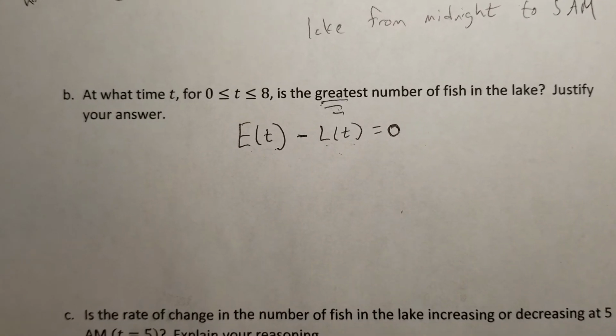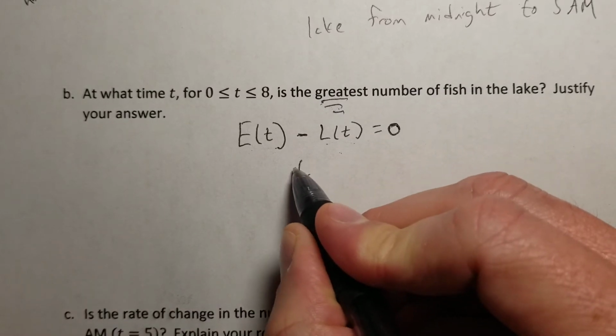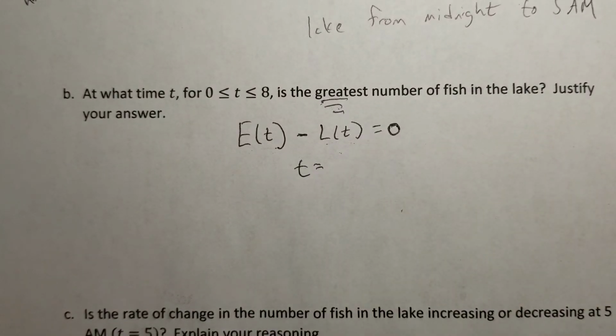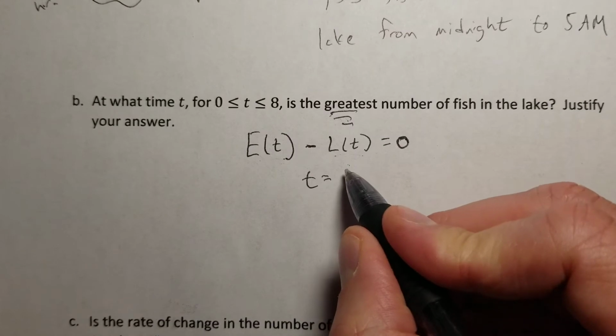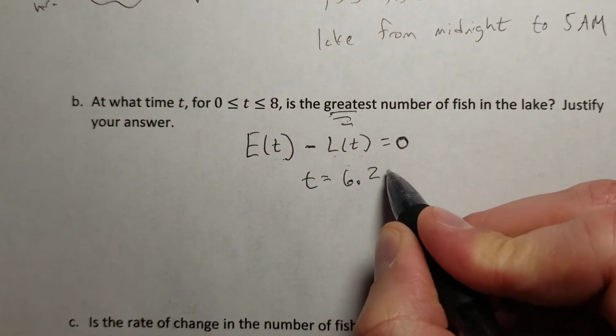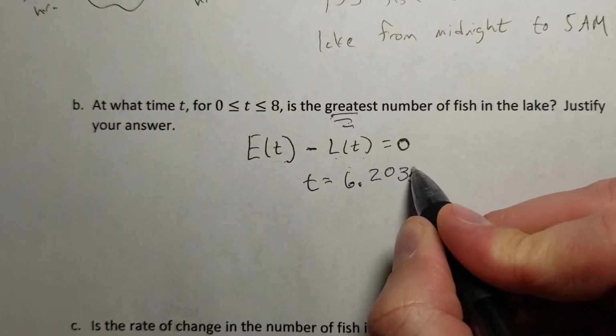This is, again, an opportunity for you to get into your calculator and do E of t minus L of t and set that equal to 0. And I think that when you do that, you're going to find that the t-value that you come up with is 6.2035.